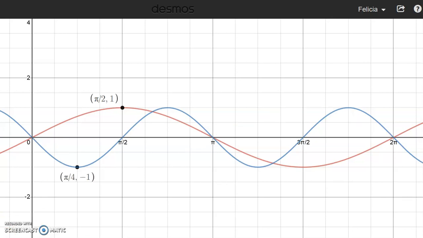So here you see the original graph, which is our sine of x function, and our final graph that was reflected over the x-axis and then had that horizontal compression by a factor of 1/2 is the one that you see in blue. So that is y equals negative sine of 2x.